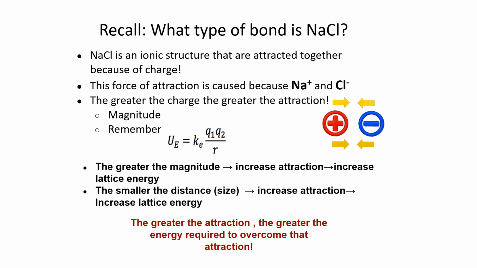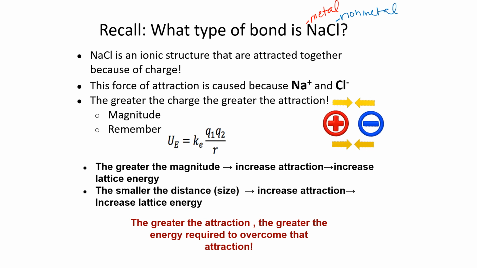What type of bond is sodium chloride? I know that sodium is a metal because it is on the left side of the periodic table, and chlorine is a non-metal because it is on the right side of the periodic table, and it tends to come in a gas form.